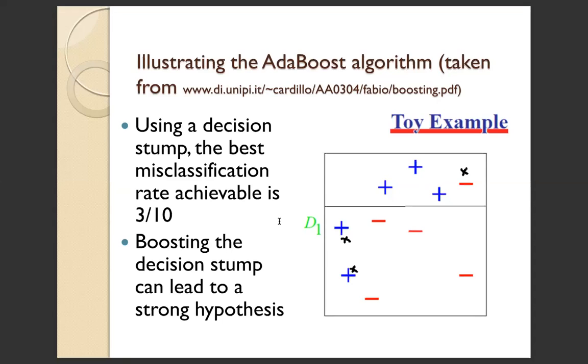So here if you use a decision stump, you can think of how to put this decision stump: put a horizontal line or vertical line through this two-dimensional space. And the best misclassification rate that you can ever do is 30%.